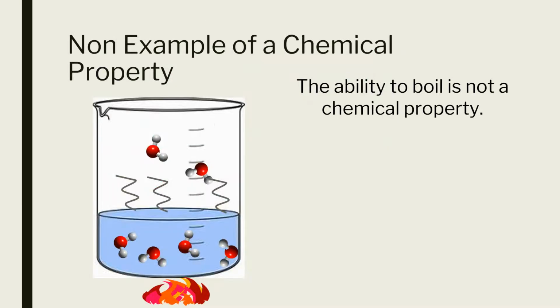Now, what's the classic example of something that's not a chemical property? That would be boiling point. Can it boil? At what temperature does it boil? Well, water in its liquid state is H2O. Water in its steam state is H2O.